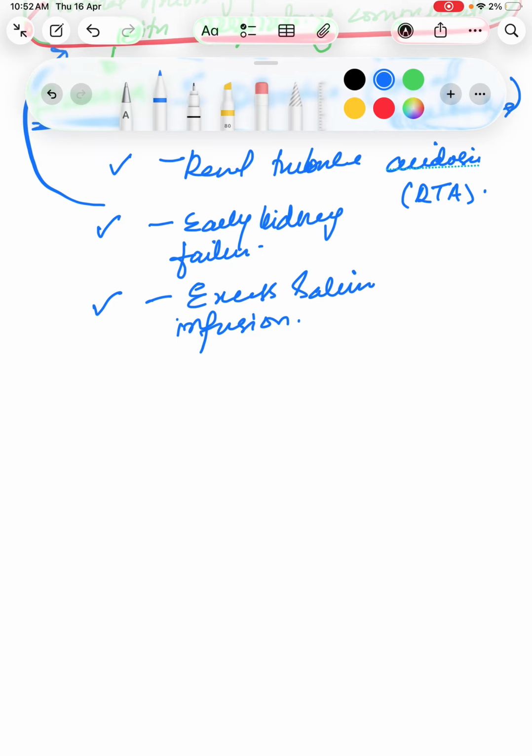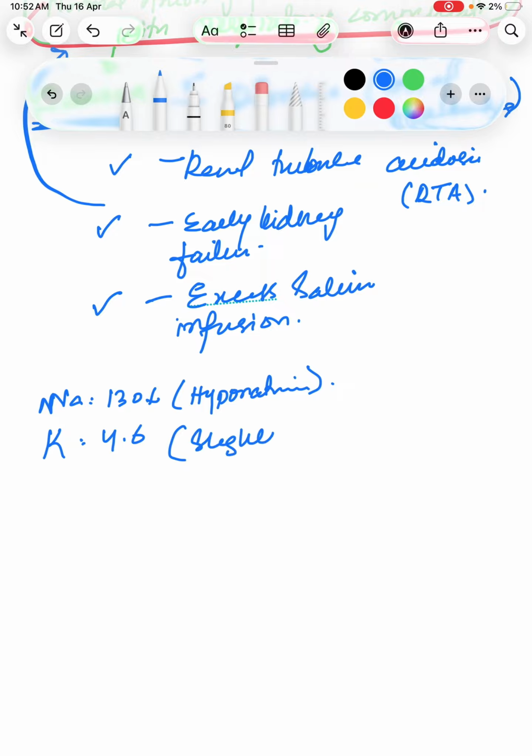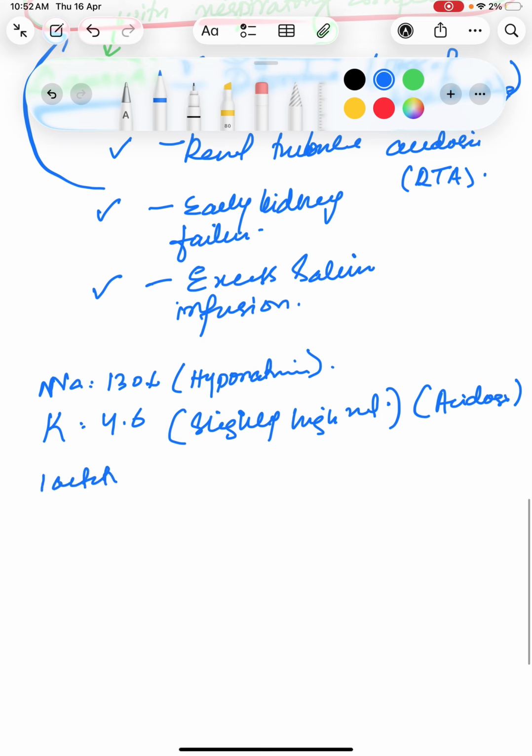Other important values that may occur: if sodium is less than 130, it may be hyponatremia. If potassium is 4.6, this is slightly high normal and it can lead to acidosis. Okay, lactate 0.7, which is normal.